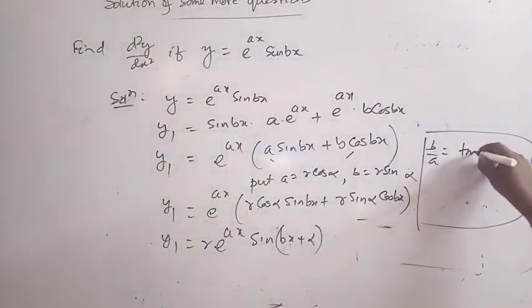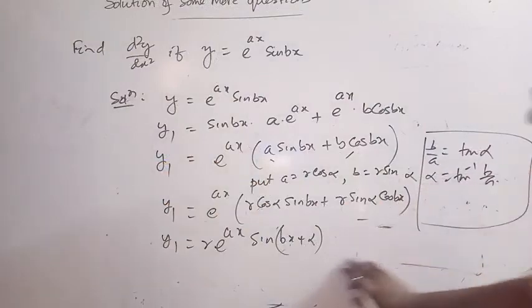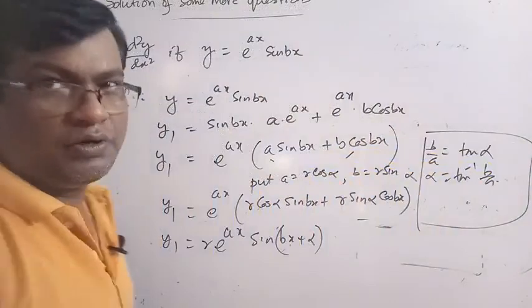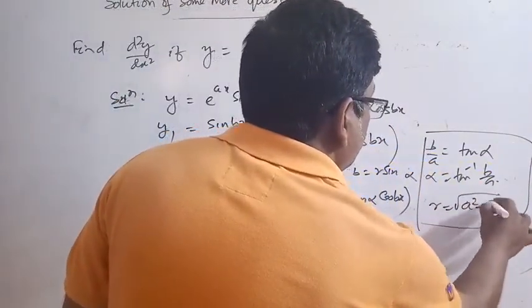So alpha is equal to tan inverse b by a. Now this is y1, and r is equal to root over a square plus b square. Okay?